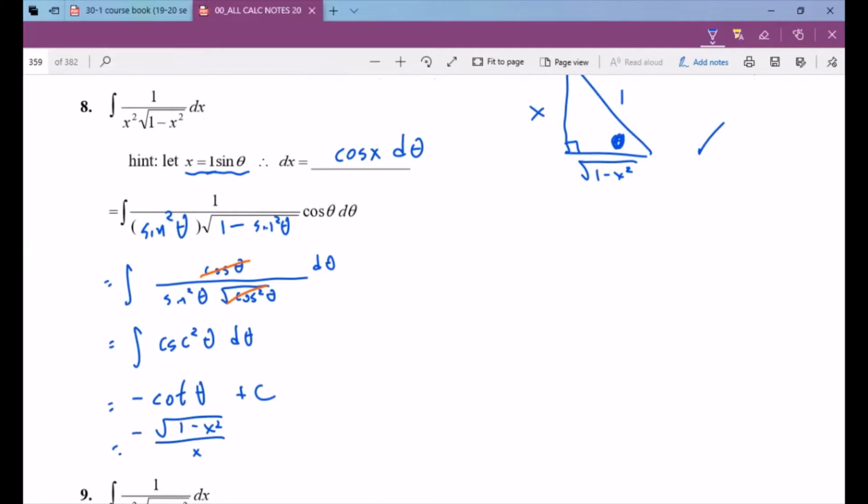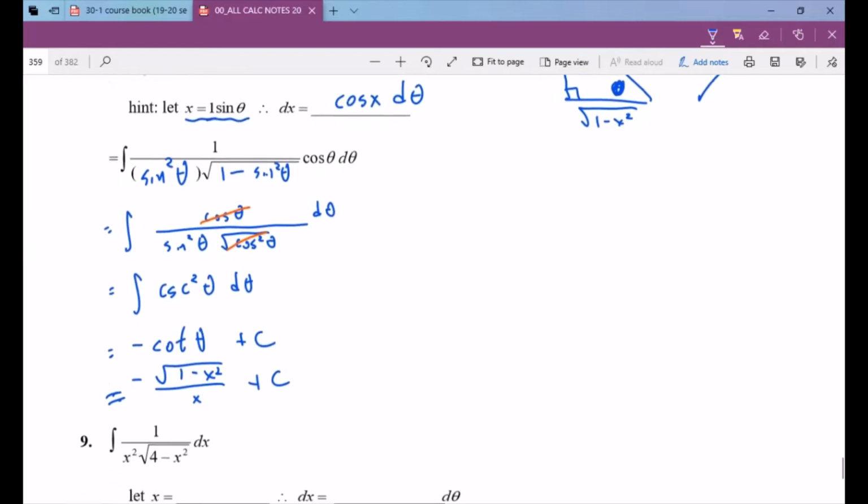It's negative cotangent, so negative of that, plus C. So very different looking. It's unexpectedly trigonometric.